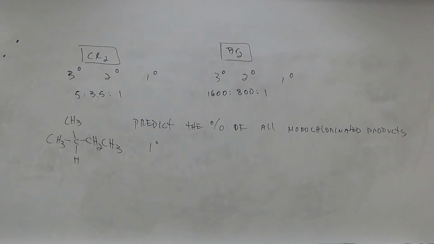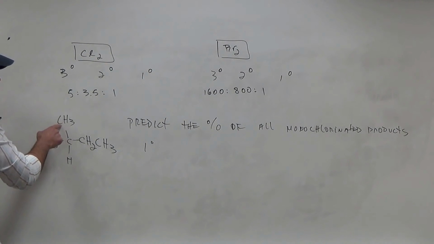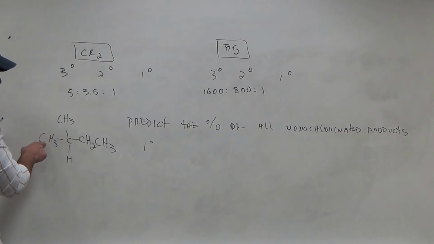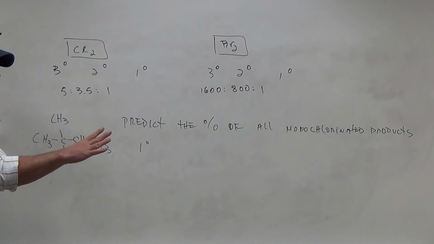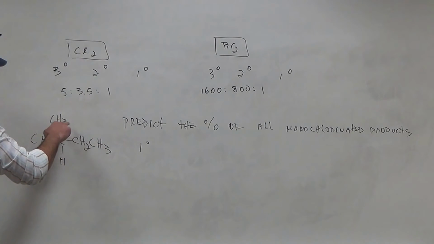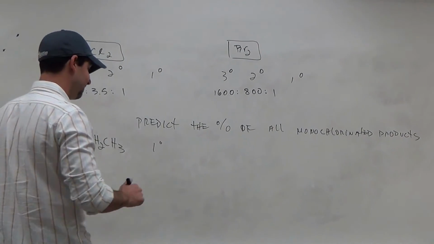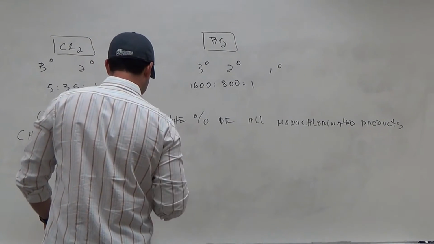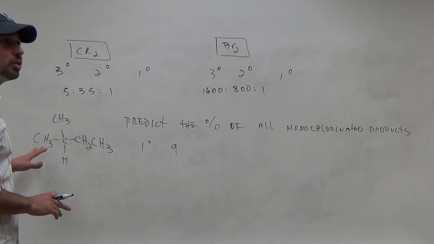There's 3 here, with 1 bond to this carbon. There is another 3 there, 1 bond to this. They're all primary. So that is 9 primary hydrogens, yes or no?